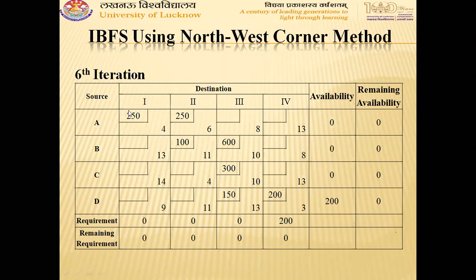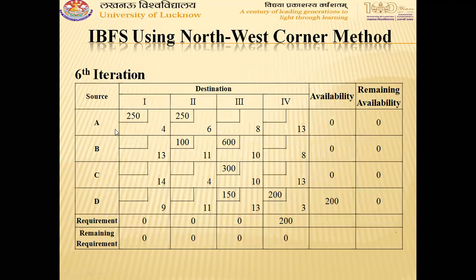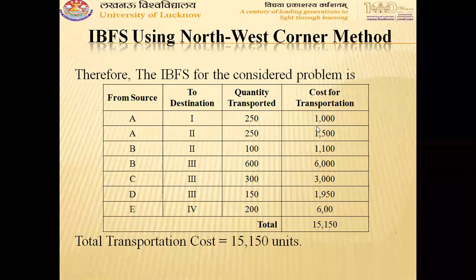That is 1000. In the same manner, from source A to destination 2, the quantity transported is 250 and the cost will be 250 into 6, that is 1500.